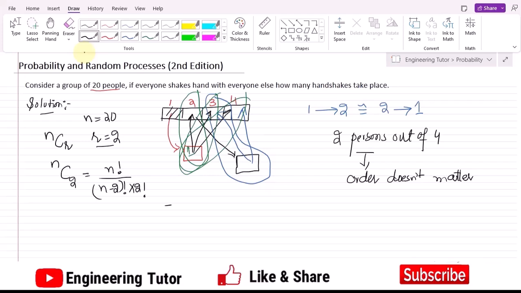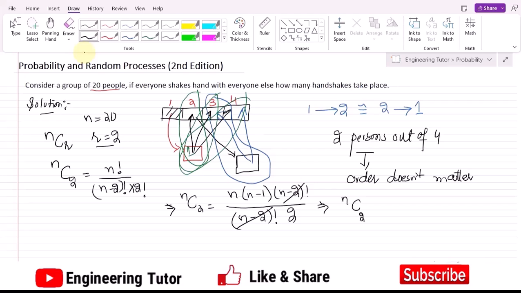Simplifying it some more, nC2 will be n times (n minus 1) times (n minus 2) factorial divided by (n minus 2) factorial times 2 factorial, and 2 factorial is 2. Now these two will cancel out, and at the end we get nC2 equal to n times (n minus 1) divided by 2.